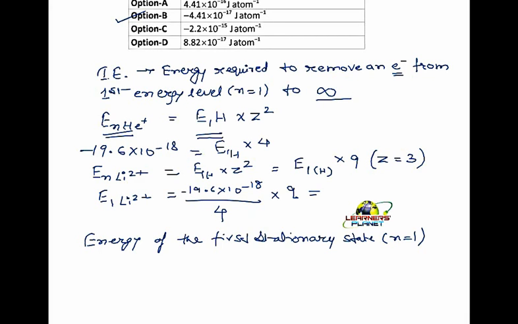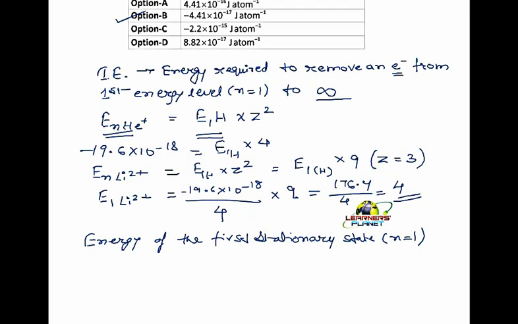Now if I'm doing actual calculations, your 19.6 multiplied by 9, that will be 176.4 divided by 4. Again, 4 4 is 16, so first digit is 4. Right? So here round it off and get your answer at a faster rate, or get it immediately.